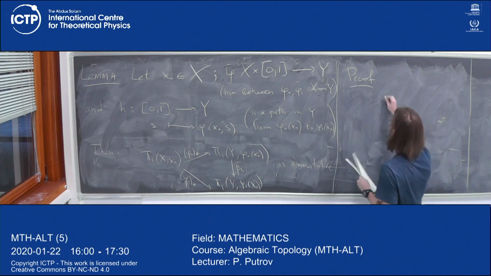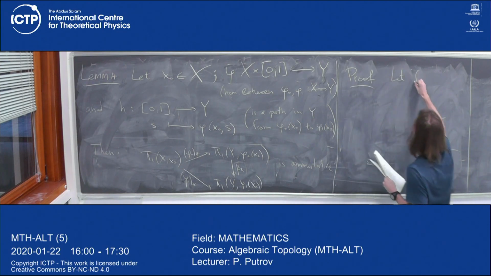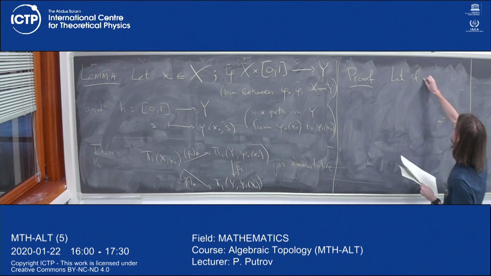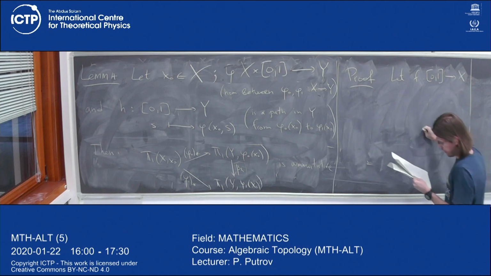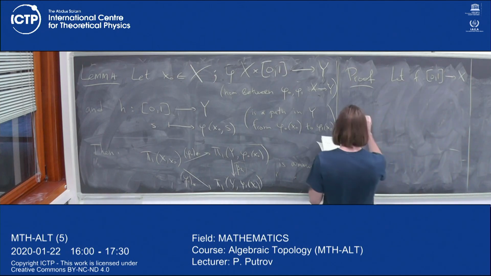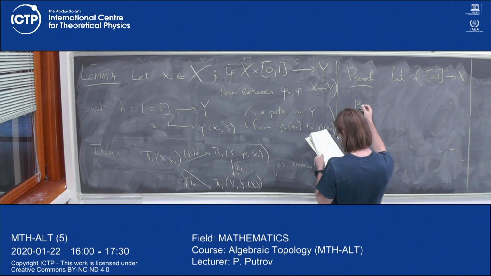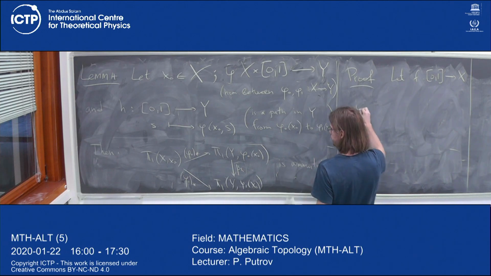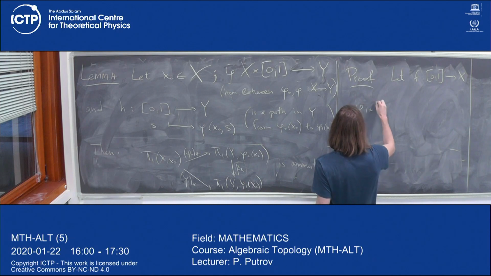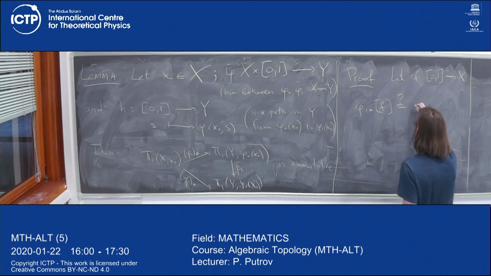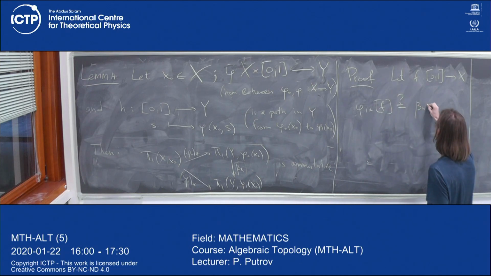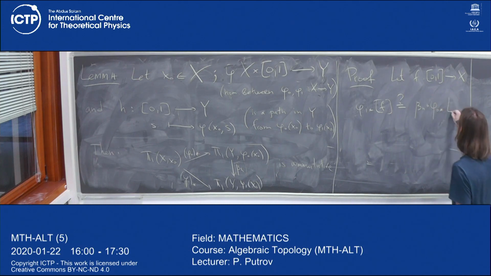Let me take some probe paths in X, and we need to check if I apply phi 1 star to F, it is the same as the application of this composition on F.